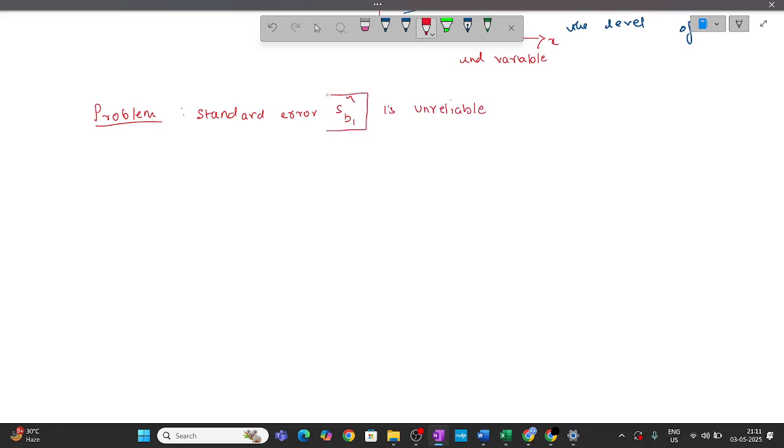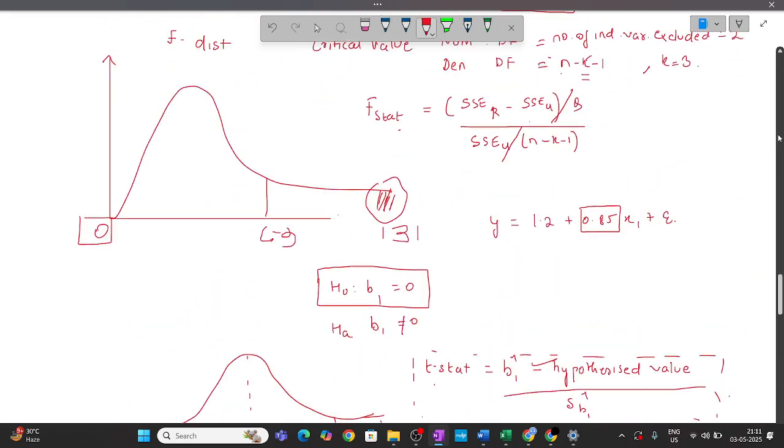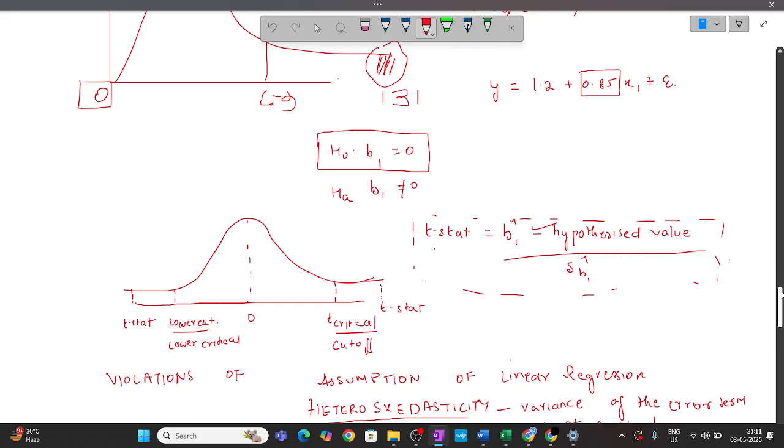This can be too low or too small, right? So this here that we were speaking of, which is used to calculate the T stat, this is unreliable. This can be too low or too high.